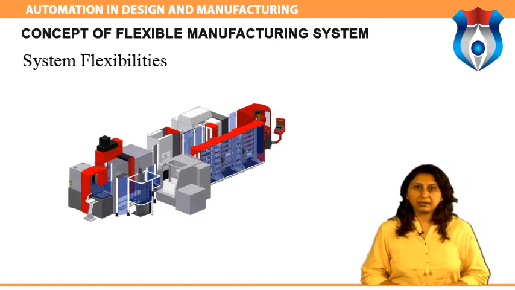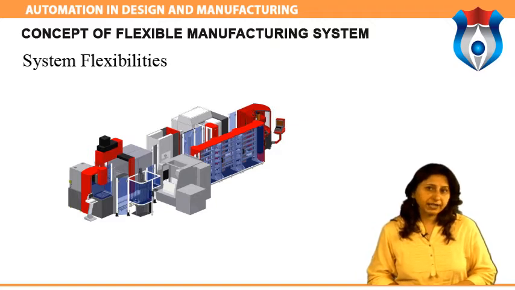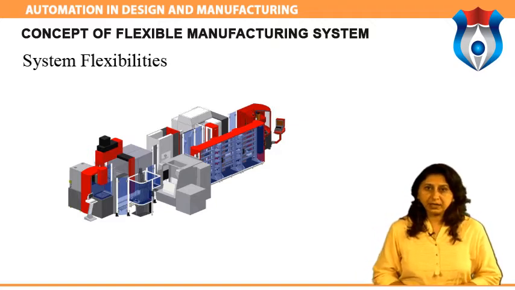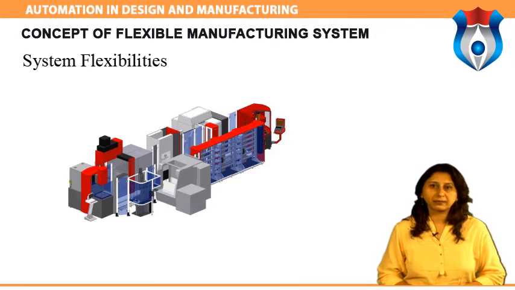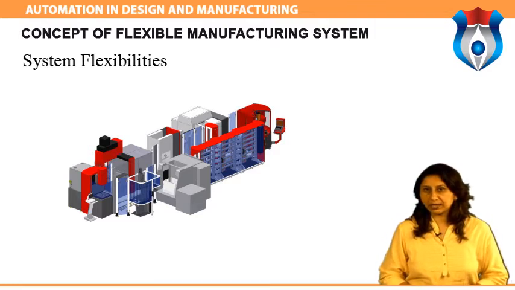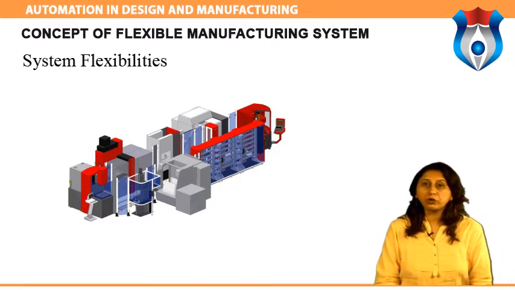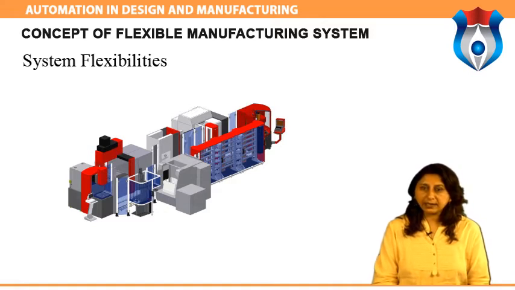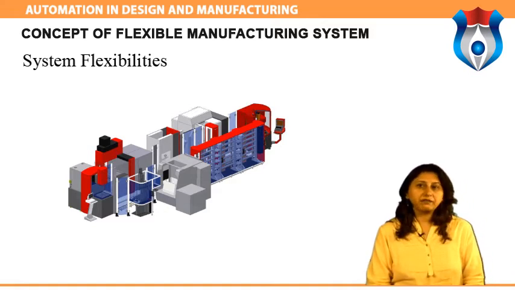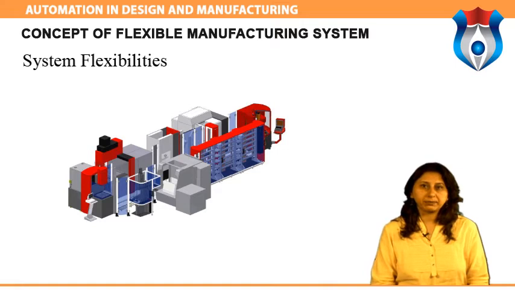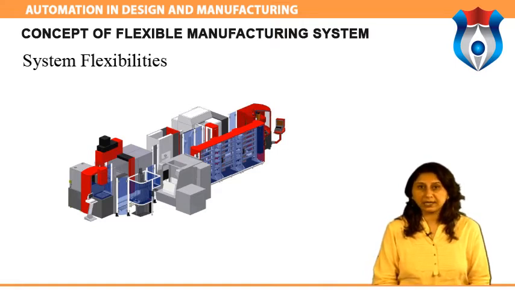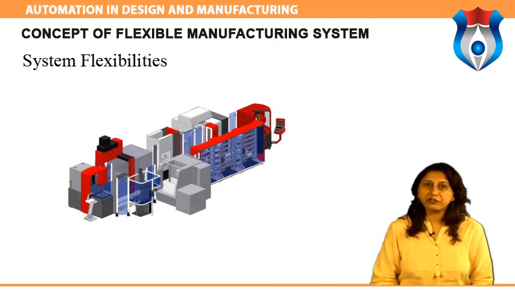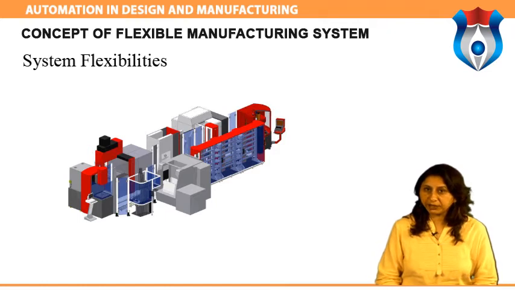Routing flexibility, a measure of the alternative paths that a part can effectively follow through a system for a given process plan. Process flexibility, a measure of the volume of the set of part types that a system can produce without incurring any setup.